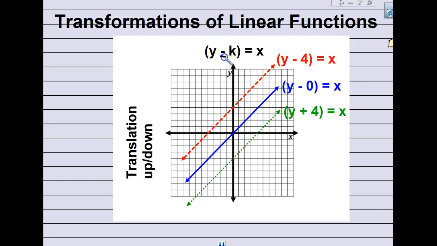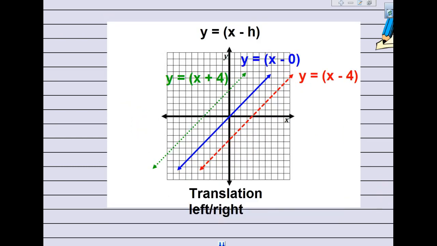Now that actual number is numerically referred to as k, and for the x it is h. That's something we'll be using a whole lot today, but it's something that will come into play later on. Same thing, just left and right.